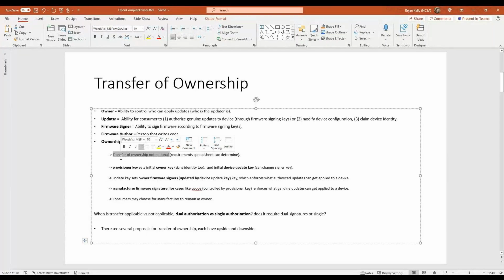Hey, Brian, the owner's ability to control who applies updates, is that the same as the boot time check? Because that's a time of check versus time of use question, right? Time of update versus time of read, time of execution. Which of these is this? I should probably clarify it. So it's the ability to control who the updater is, essentially.